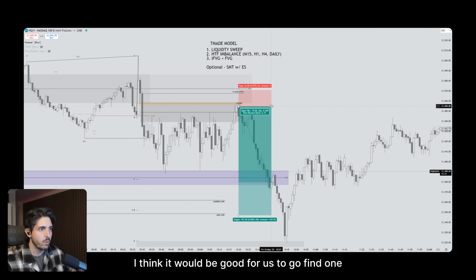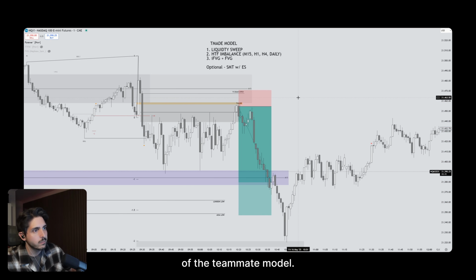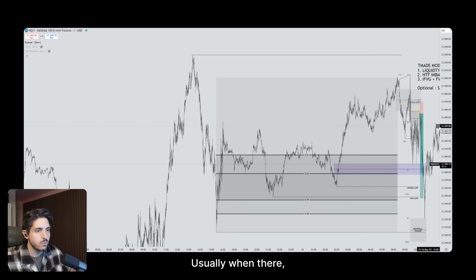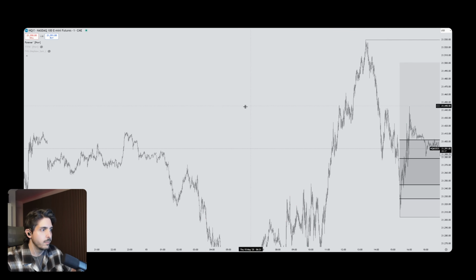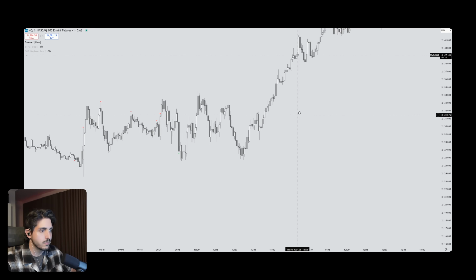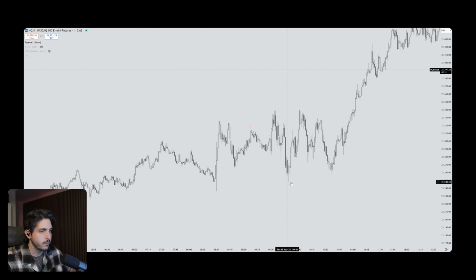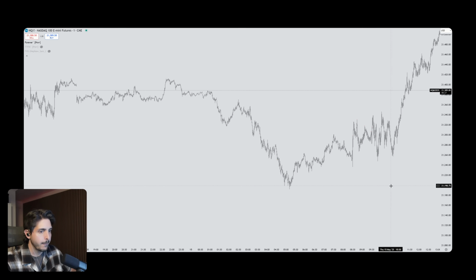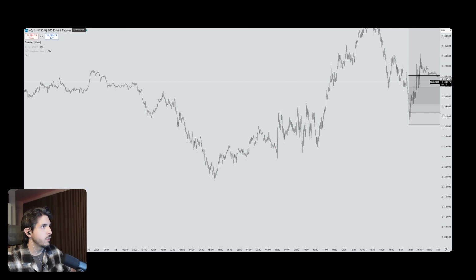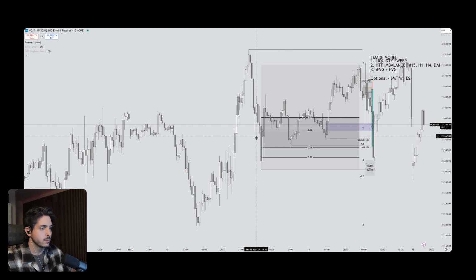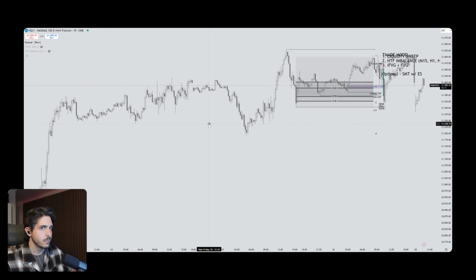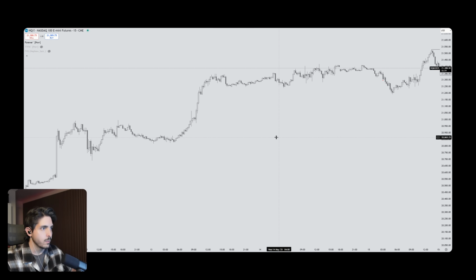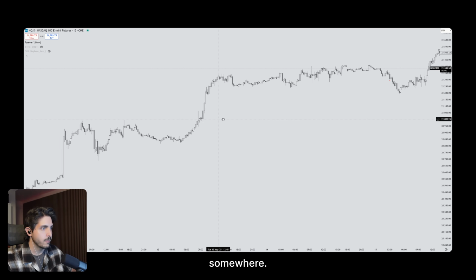I think it would be good for us to go find one more example of the TMade model. So let's go find. Usually, when it's a reversal model, right? So usually, if you go to, let's see. We want to go to 50 minutes. You need to find a 15-minute fair value gap here somewhere.